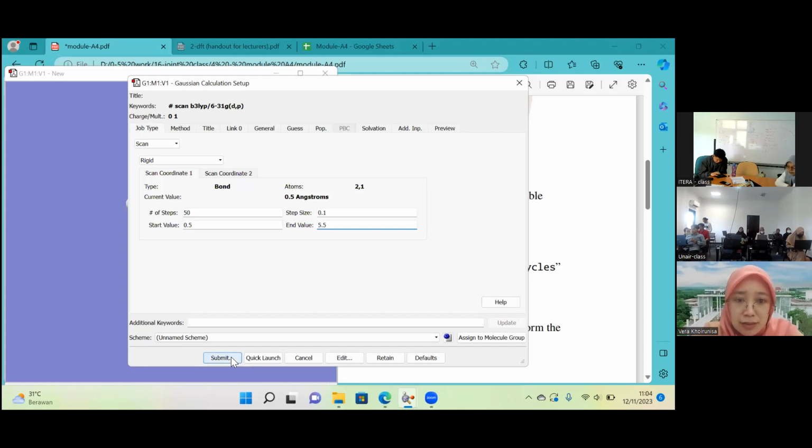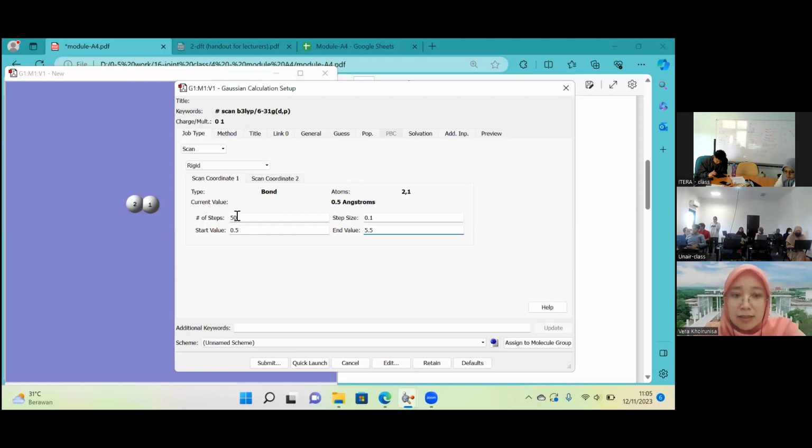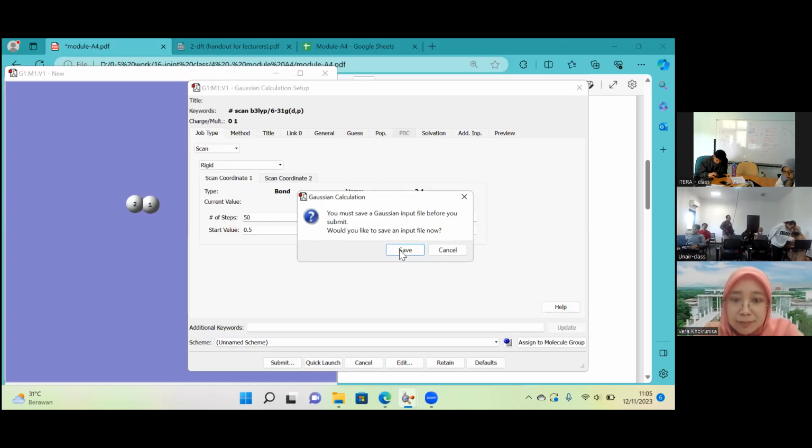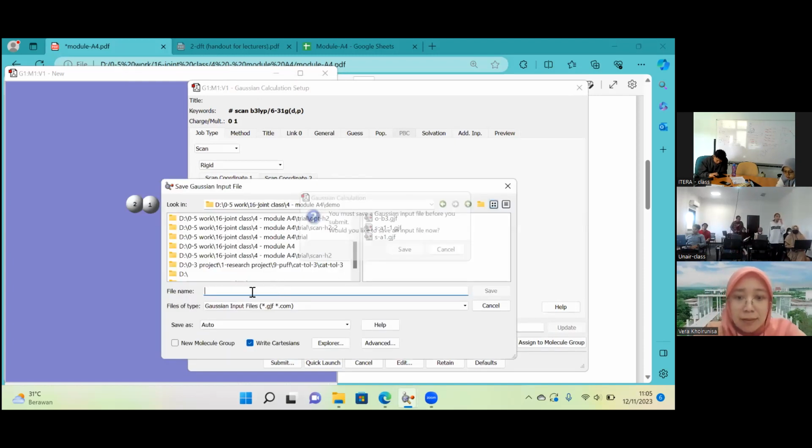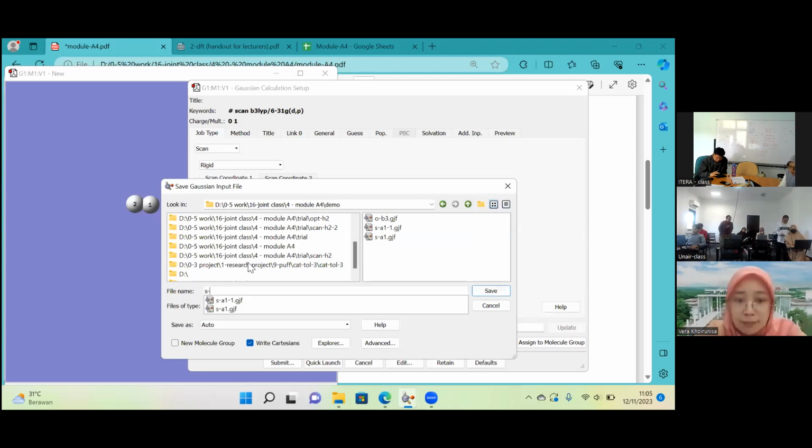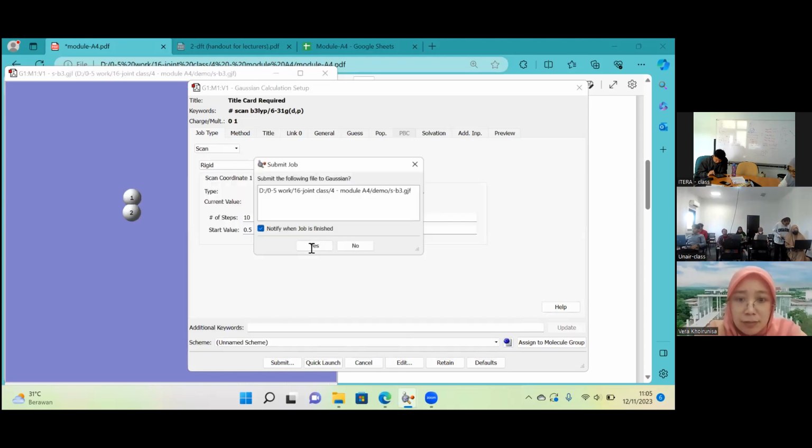So make sure that you already define the number of steps, step size, and the start and the end value. And then we submit. So we use save.